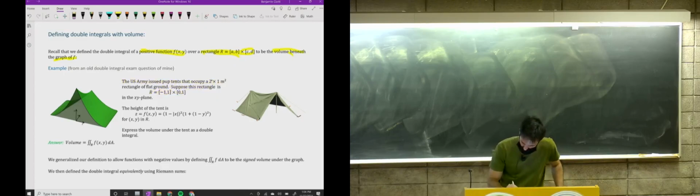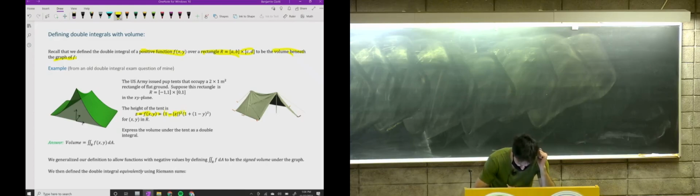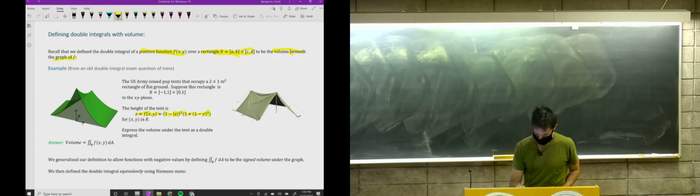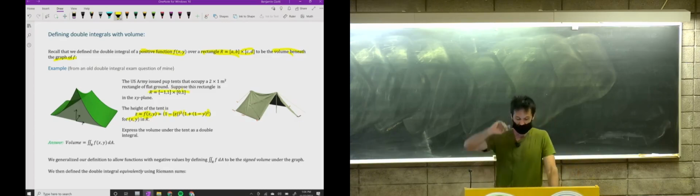And suppose that the height is given by z equals f(x, y) equals (1 minus the absolute value of x) squared times (1 plus (1 minus y) squared), for (x, y) in that rectangle R. So that's the height of the tent.